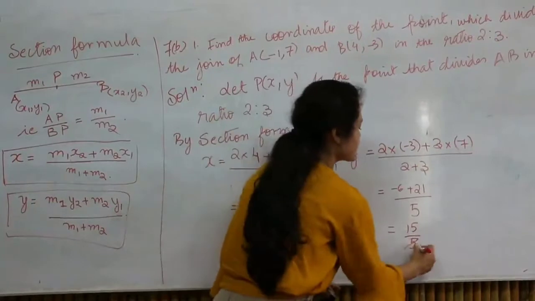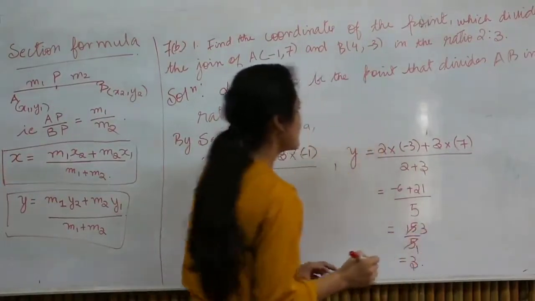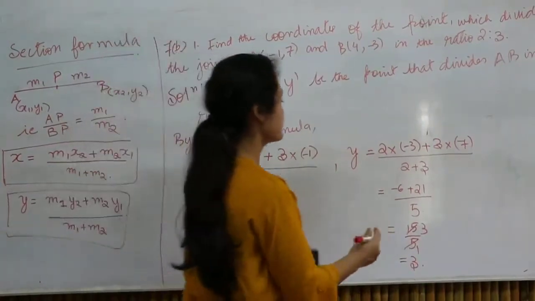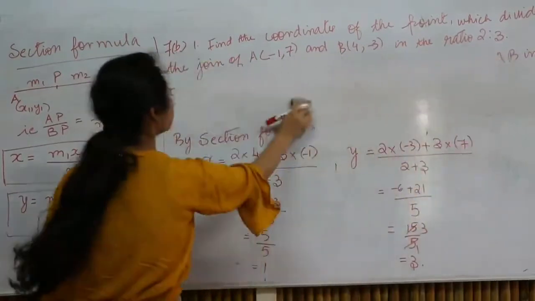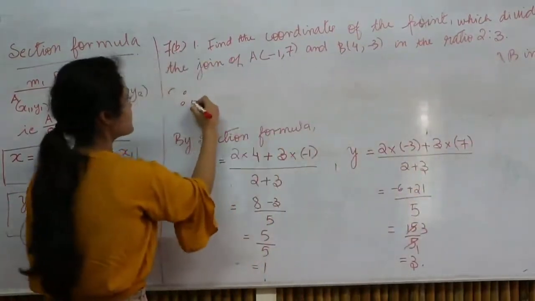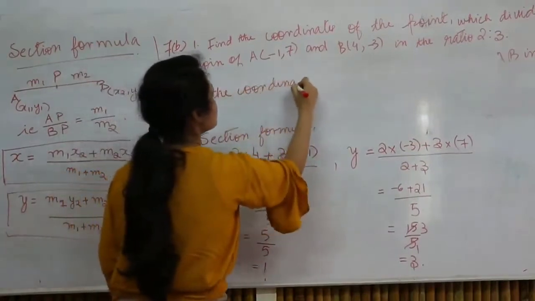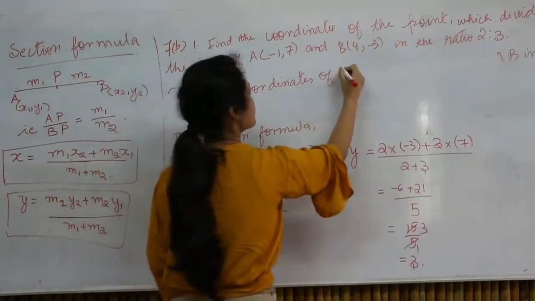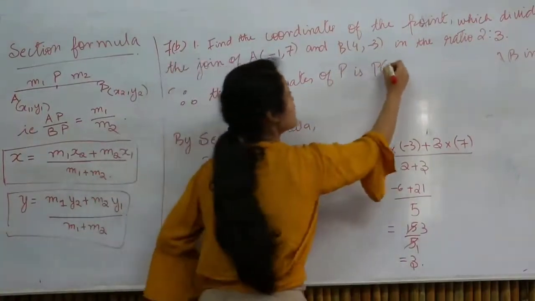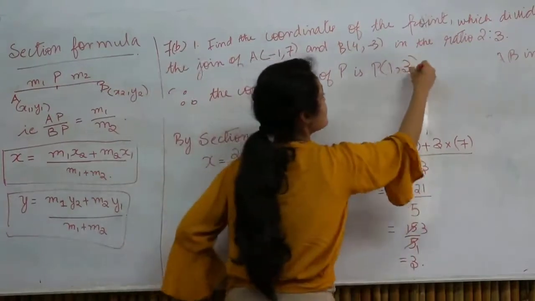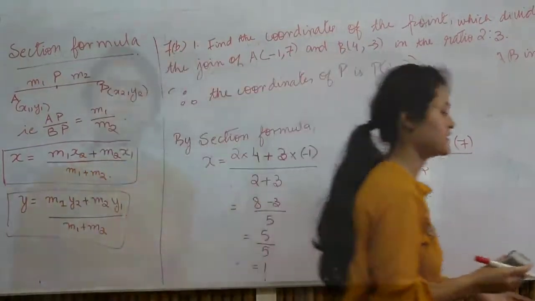We just cancel this; 5 into 3 will be 15. So, 3. Therefore, the coordinates of P are: x coordinate is 1, y coordinate is 3. This is the answer.